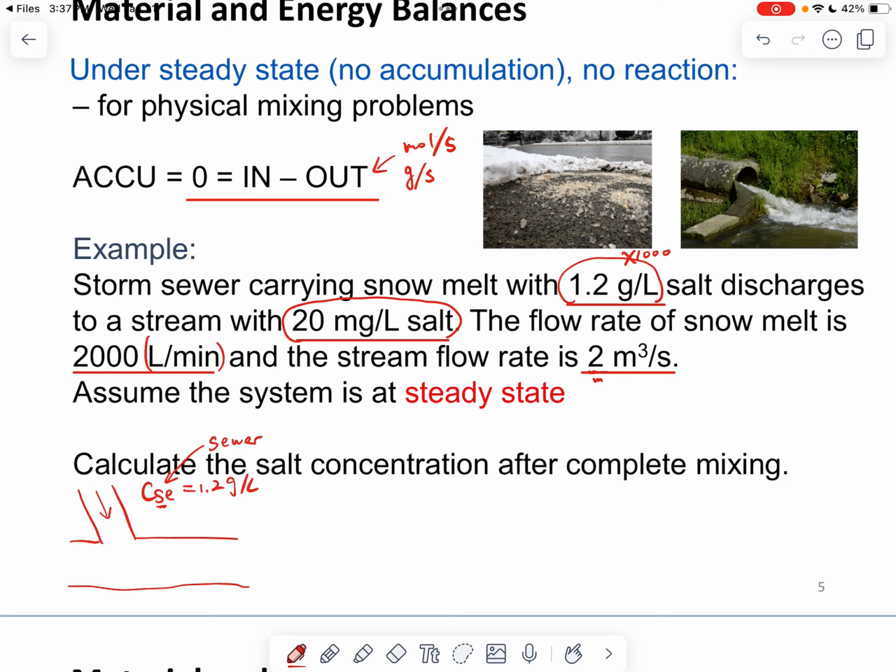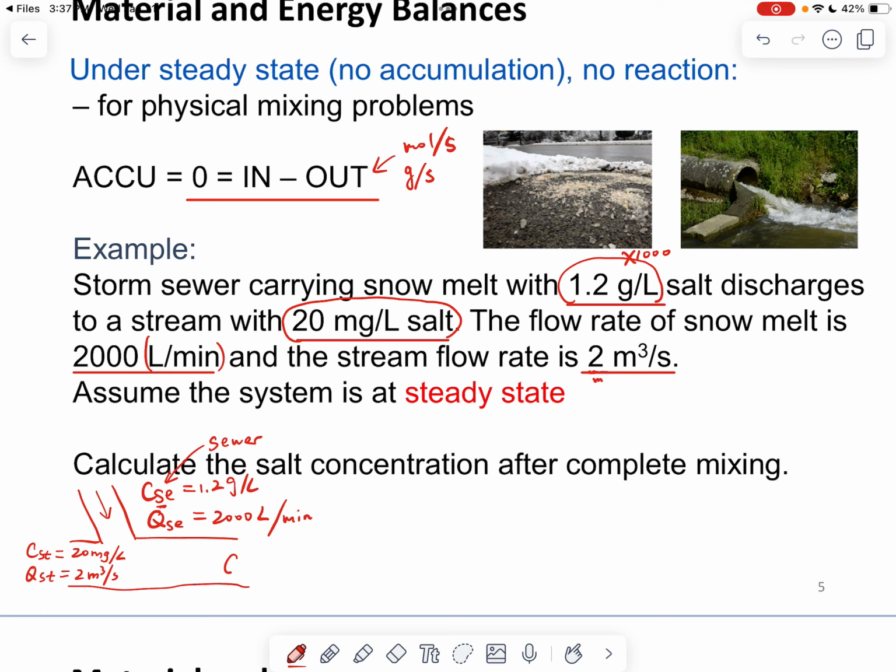The flow rate of the sewer flow is going to be 2000 liter per minute. At the same time, you have the condition for the clean stream flow, where ST stands for stream. So CST is 20 milligram per liter, and QST is 2 meter cubed per second.